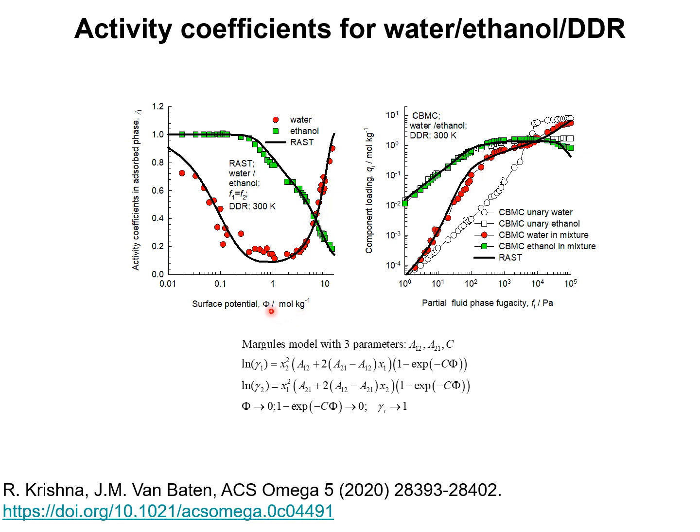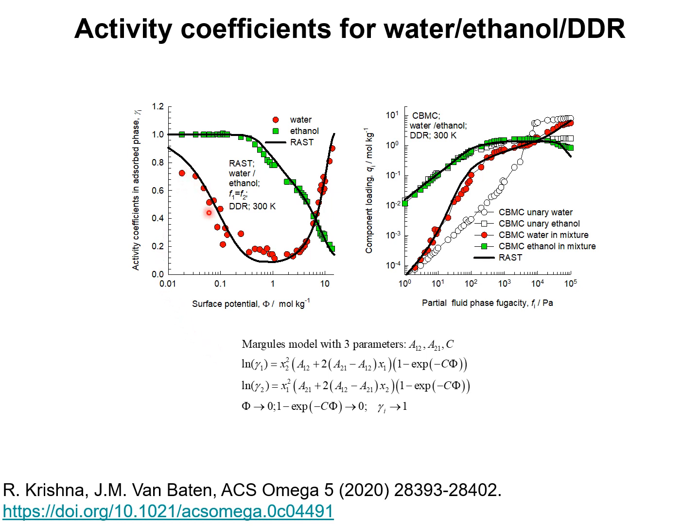The surface potential phi serves as a proxy for the pore occupancies. At very low pore occupancies, the activity coefficients for either guest molecule reduce to unity, as is also evidenced by the CBMC data.